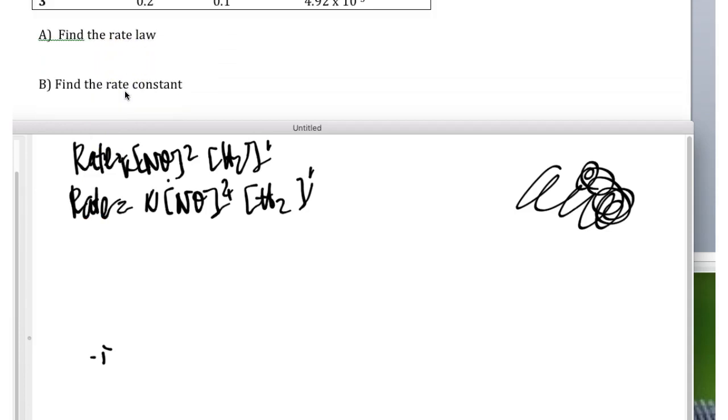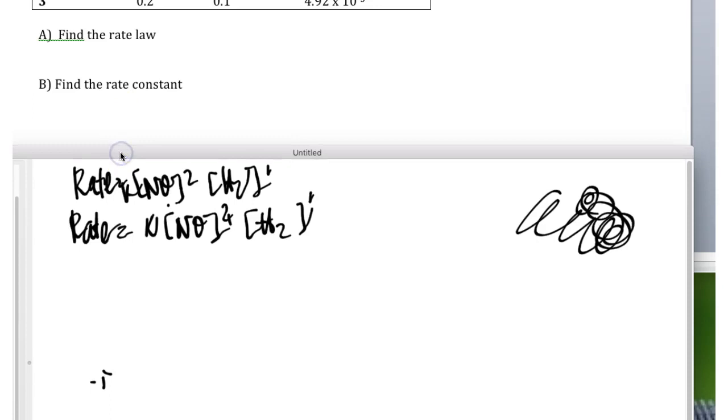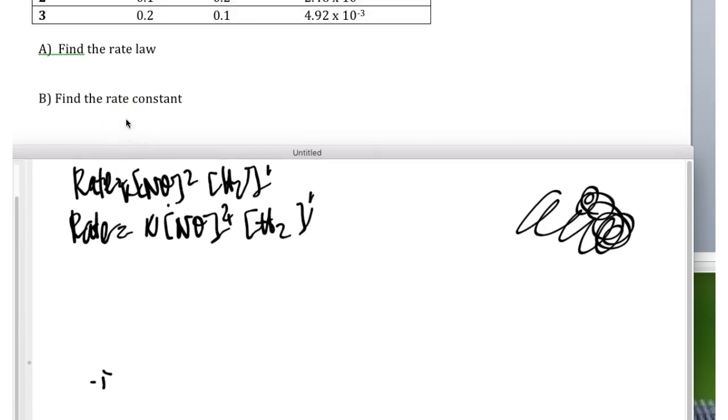Part B says to find the rate constant. So, rate constant, I'm going to use experiment 3. Use any experiment you want. So, you just plug in numbers and solve for K. So, plug in experimental numbers.